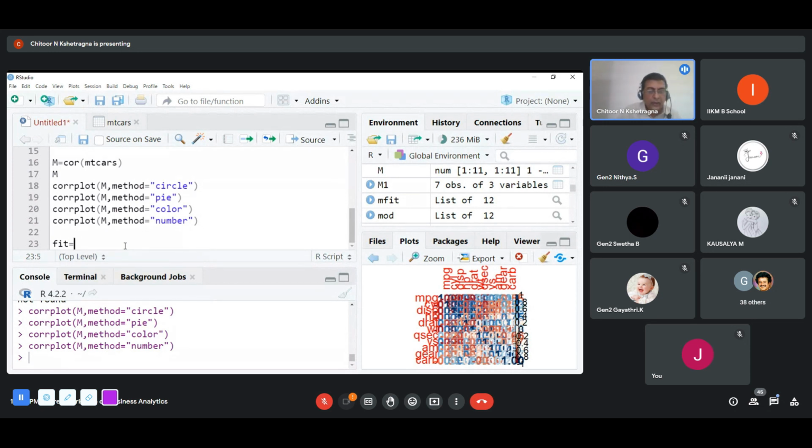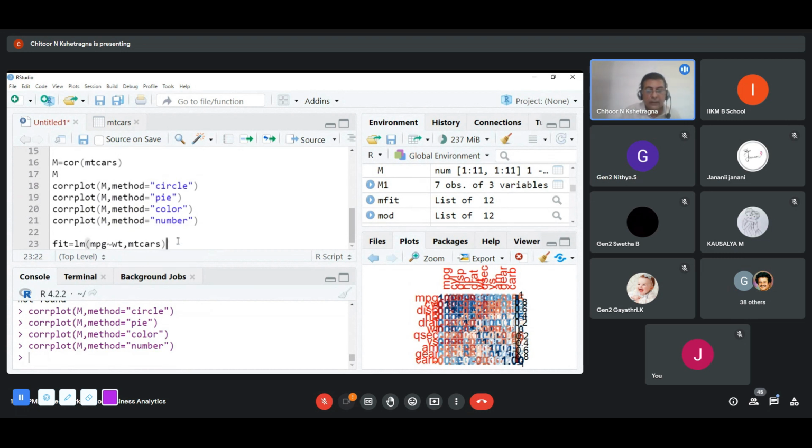I'm using linear regression, right? Linear regression for MPG. Then I'm using what's called as tilde for weight for my dataset name empty cars.